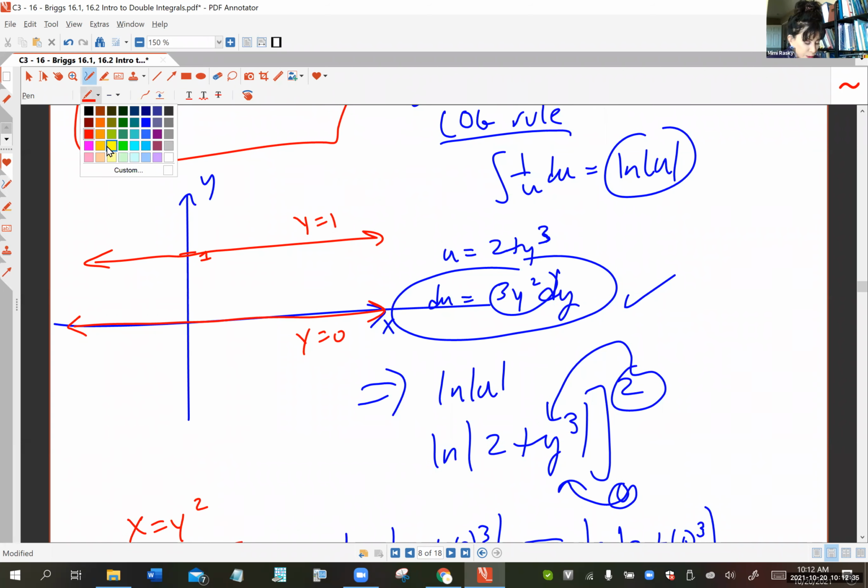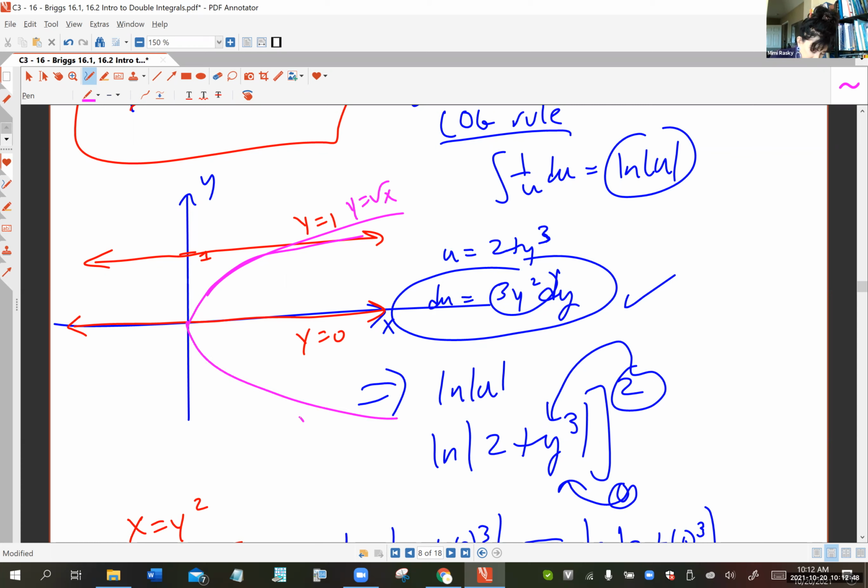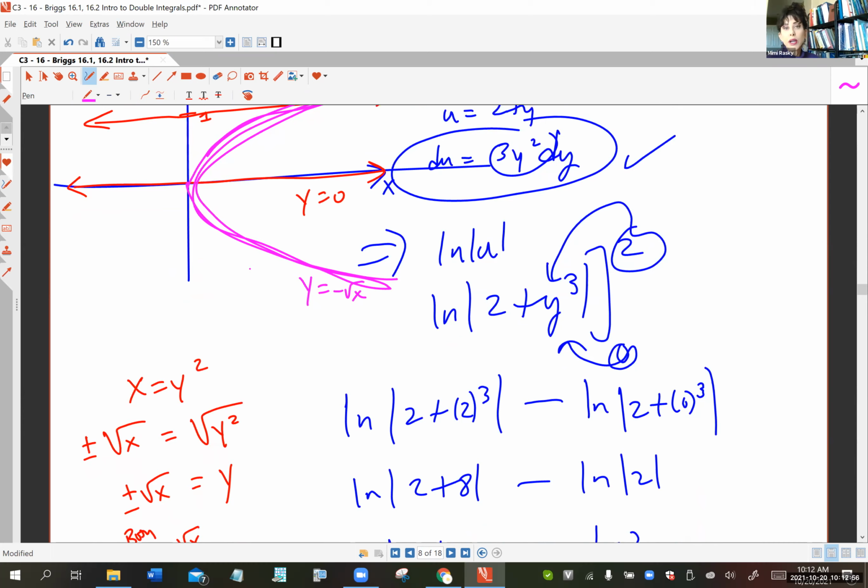So y equals positive square root of x looks like this, right? And so that's y equals positive square root of x. And y equals negative square root of x looks like that. So it's below the x-axis. So you can see that we did get our horizontal parabola after all by graphing those 2 equations.